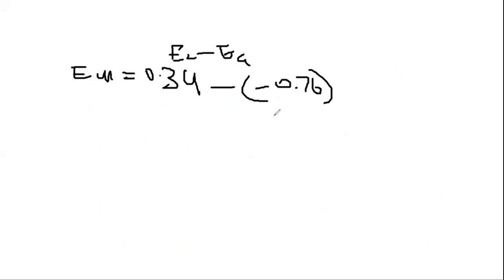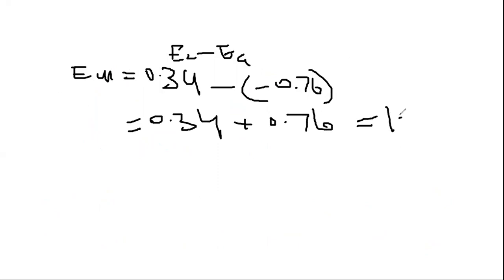You will not reverse the sign first for the half cell, and then again put the sign over here, otherwise you will do the wrong calculation. So here 0.34, and minus multiplied by minus is plus 0.76, and your answer will be 1.1, which is positive.